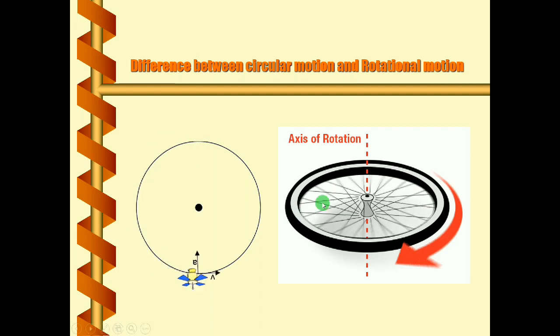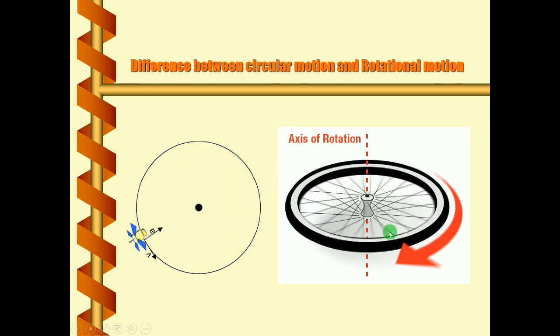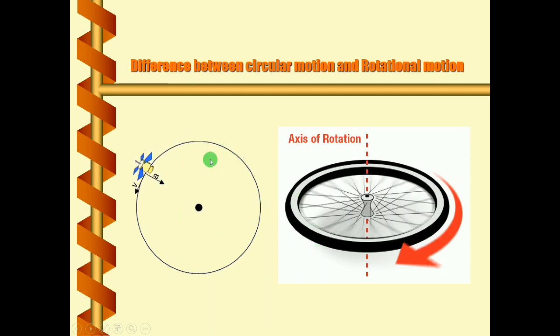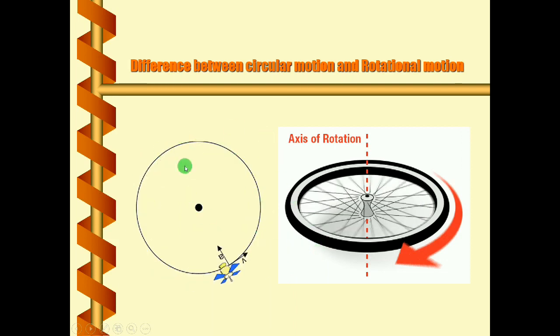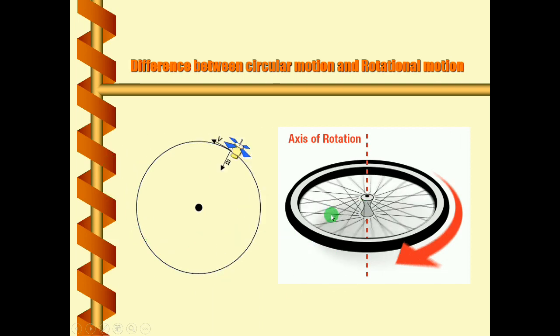Similarly, you can see here the axis of rotation for a wheel. The wheel is rotating about a given axis of rotation in the clockwise direction, and here we consider circular motion in the anti-clockwise direction. Circular motion is a motion of a particle or an object along the circumference of a circle, and rotational motion is when an object rotates about a given axis so that all its particles follow circular paths of different radii.